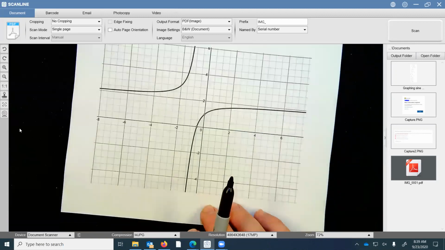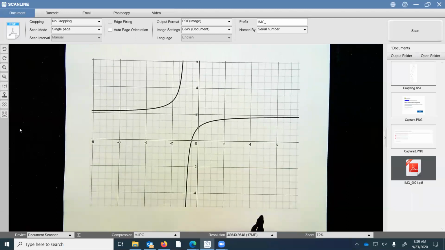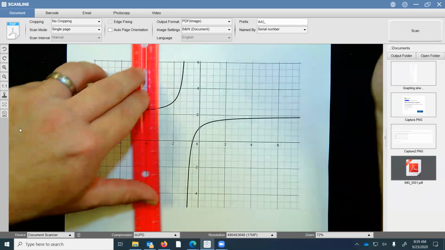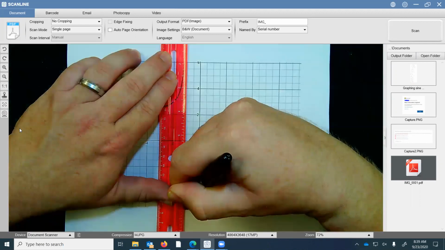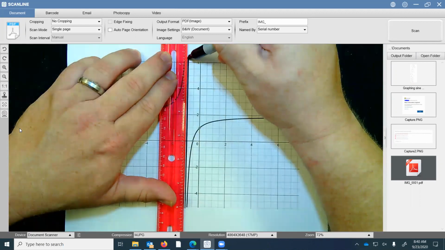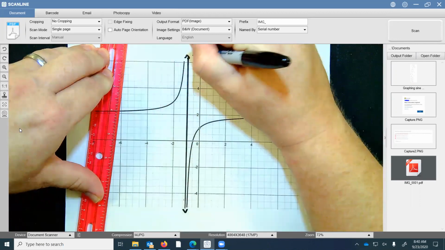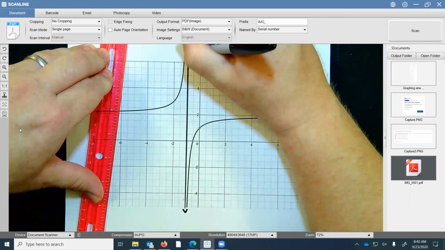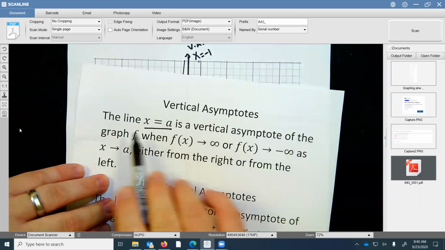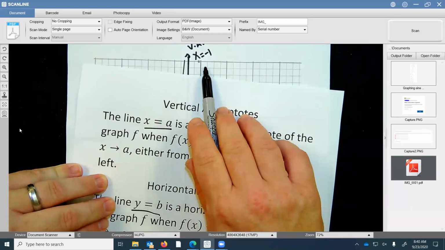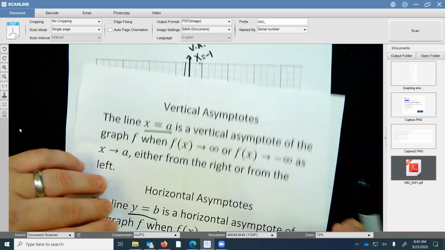All right, so we have this graph. And this graph has a vertical asymptote right there at x equals -1. So x equals -1 is my vertical asymptote. And if we look at the definition, it says the line x equals a, so x equals -1, is a vertical asymptote of the graph when f of x approaches infinity.